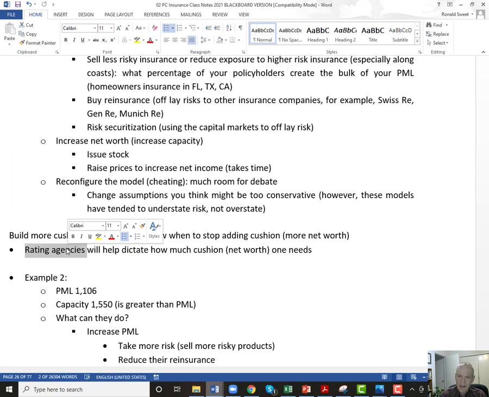There's ways I could do PML where I adjusted for our book of business to other companies to try to figure out what their PML was. So there's things you can do, really cool analysis. And so rating agencies do that as well. They look at the entire industry and they're trying to figure out how much net worth a company needs to cover for the risks that they have. And so PML is a big part of that.